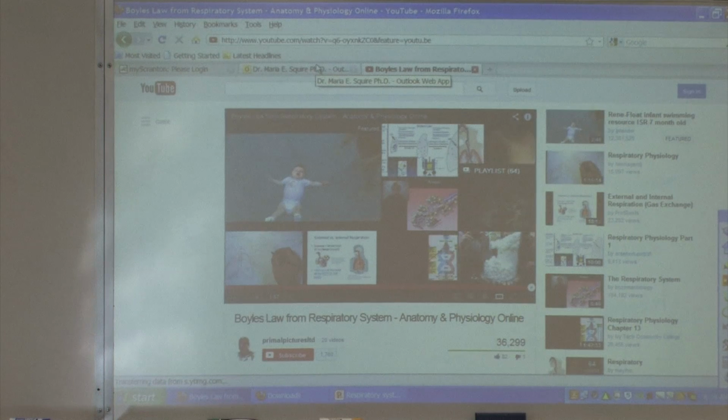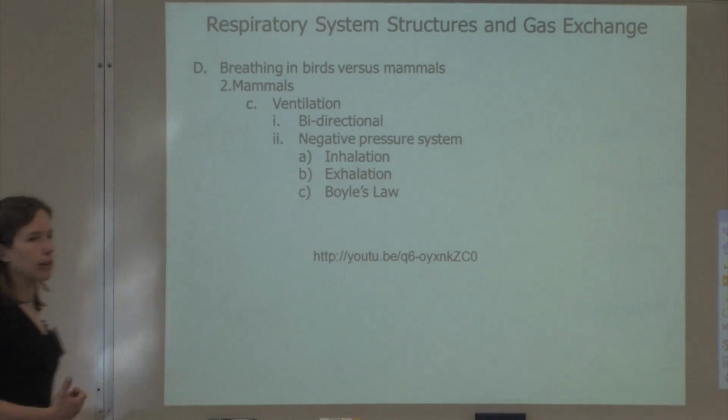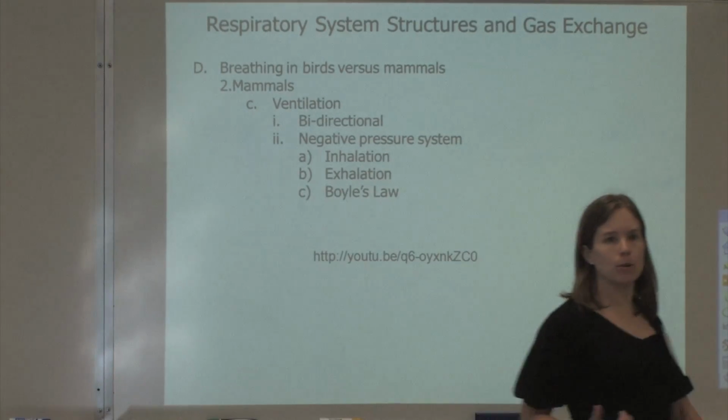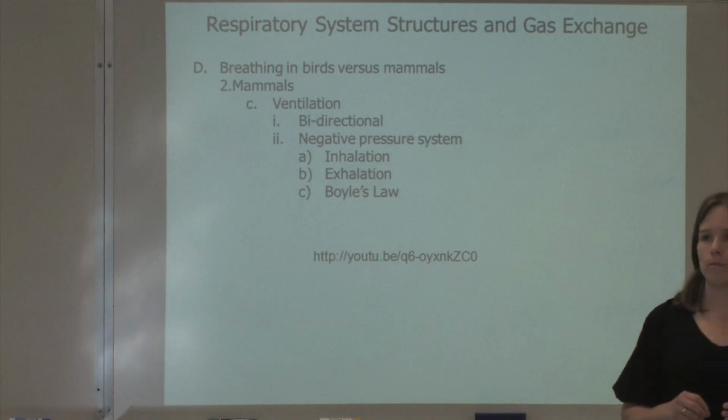Okay. So when we talk about ventilation, we have to keep in mind Boyle's law and this inverse relationship between volume and pressure. And when I cover this topic with my students, I emphasize to them that the way it works in the lungs is that we change the volume so that the pressure changes.